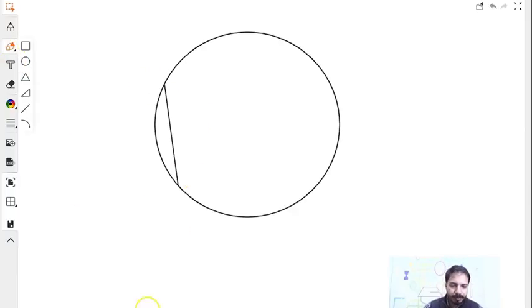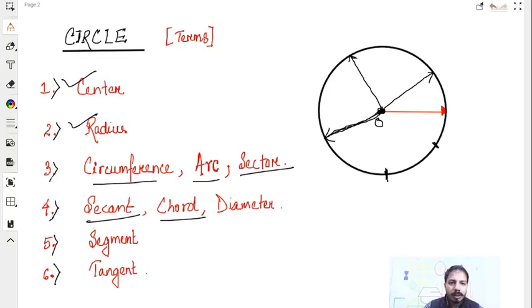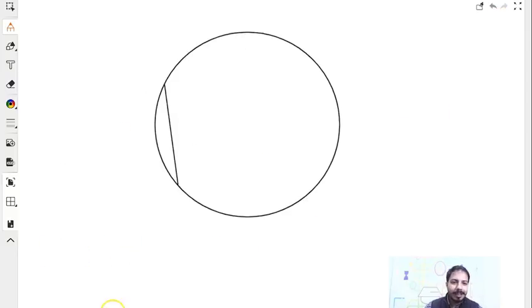It can go anywhere. What else? Now we have diameter. If you know, guys, diameter is nothing but also a chord, but it is the longest chord. And we always need to remember that the longest chord, the diameter, will always pass through the center of the circle.